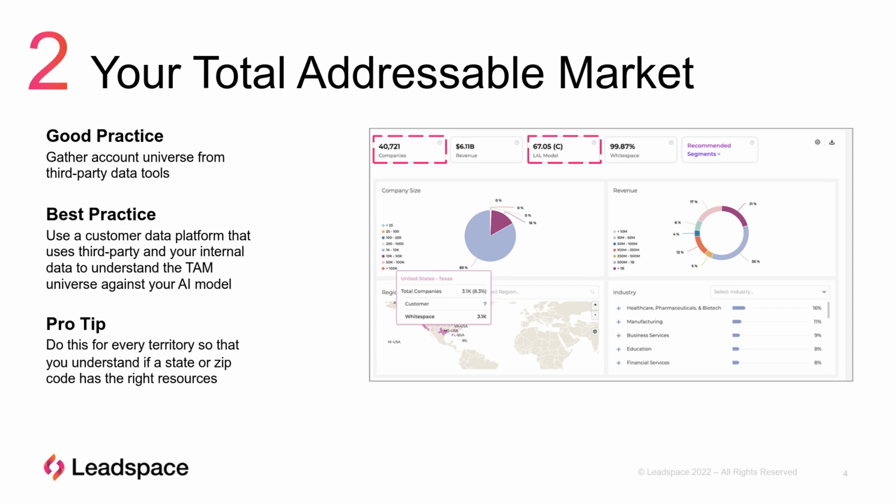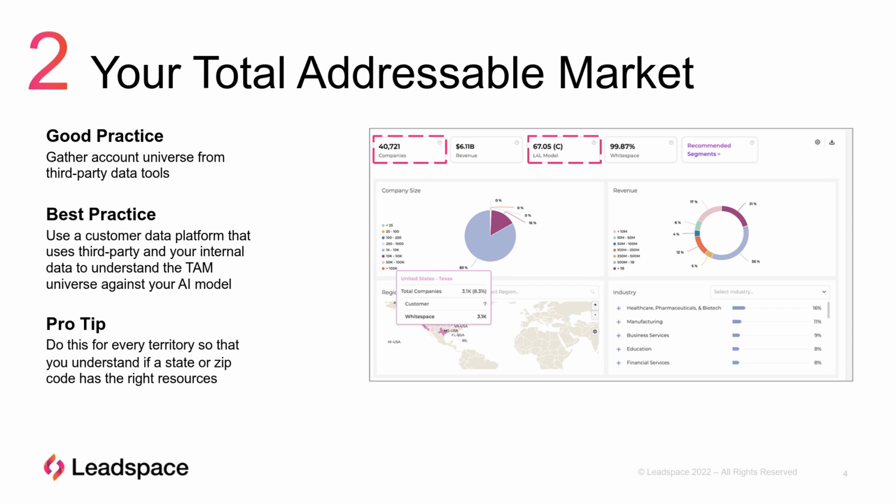Now, the pro tip on this would be to go the next step farther, because a lot of times when people do TAM, they're looking at it from only one point of view, and a lot of times that's just by the solutions that they sell. So the next step would be to create views and go into the specific sales territories that you're selling in and understand what the TAM looks like at that level, and take it down to how you sell.